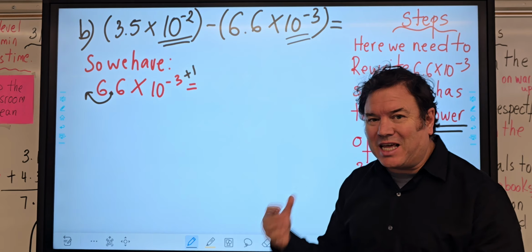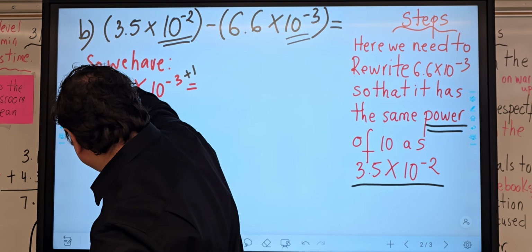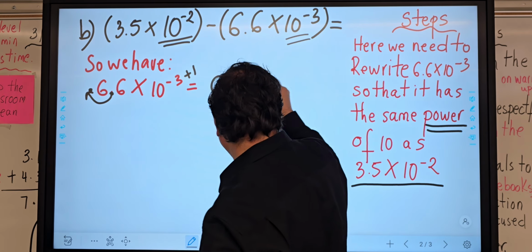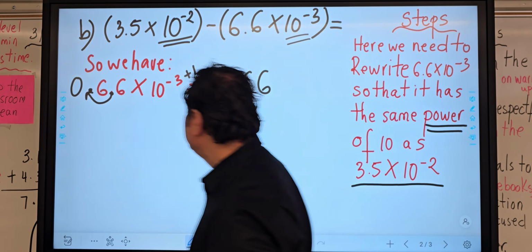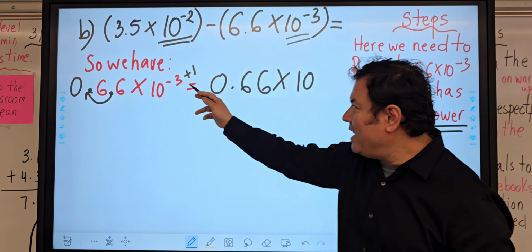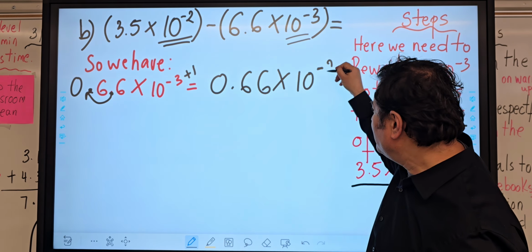And that number, instead of 6.6, now becomes, the decimal point is here now, 0.66, right? We can add a 0 here now. Times 10, and negative 3 plus 1 becomes negative 2. Okay?